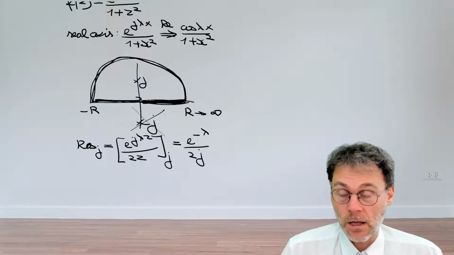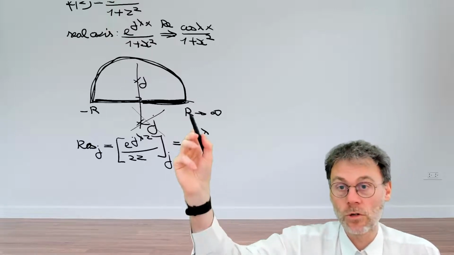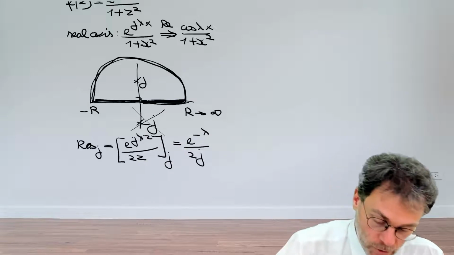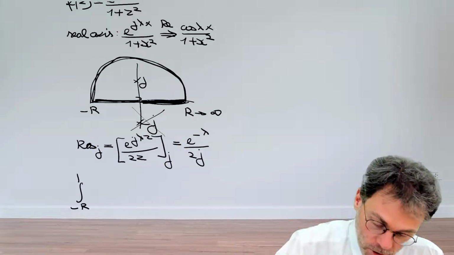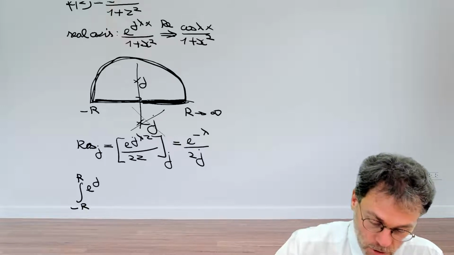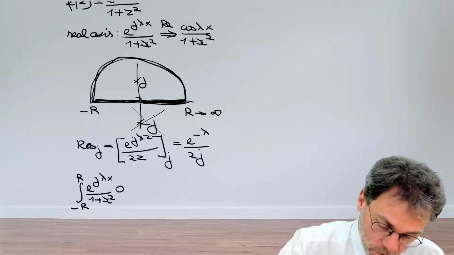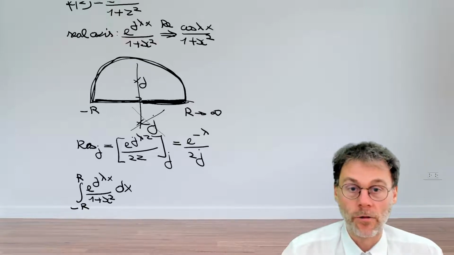Let's now start thinking about the different contributions to that integral. So we have a contribution along the real axis here, from minus r to r. And along the real axis, we can write exponential j lambda x divided by 1 plus x squared dx, because we're on the real axis.